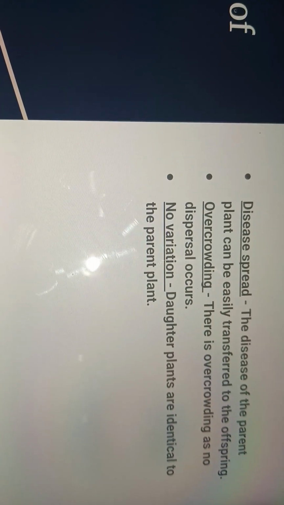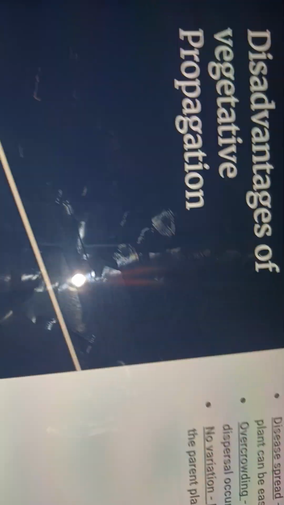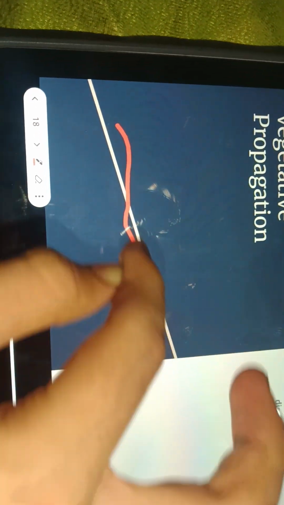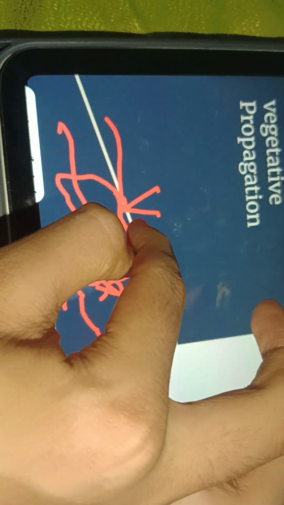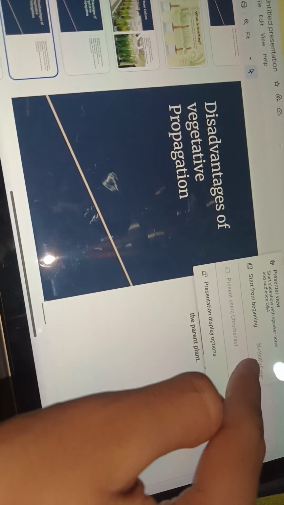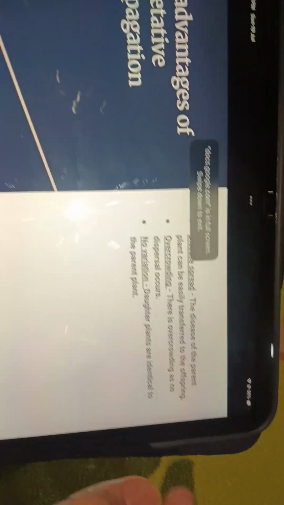Overcrowding. There is overcrowding as no dispersal occurs. Yes, it is very true. Suppose we plant a potato over here, it will grow. Then also over here the roots will grow.